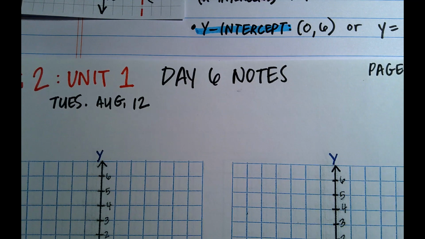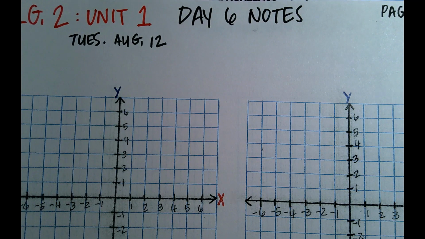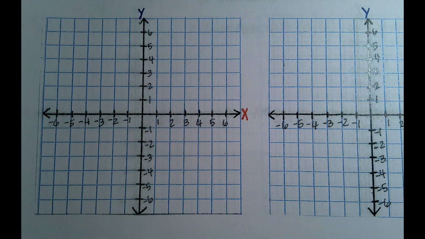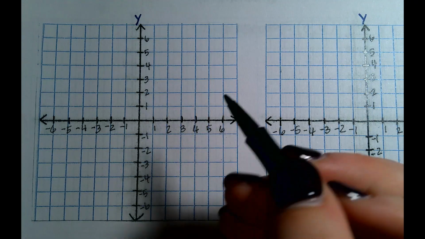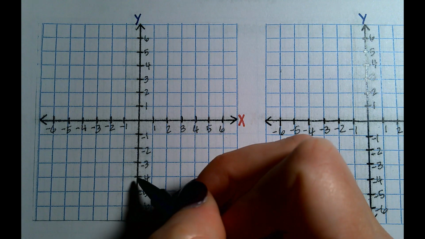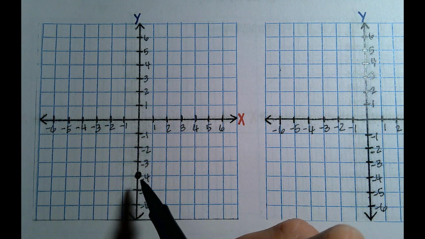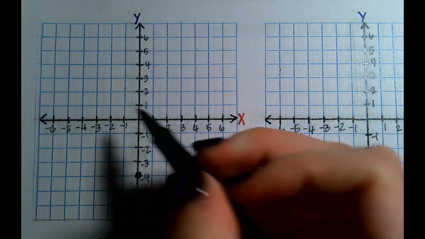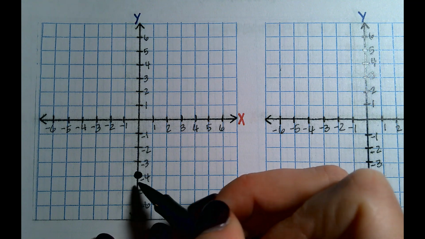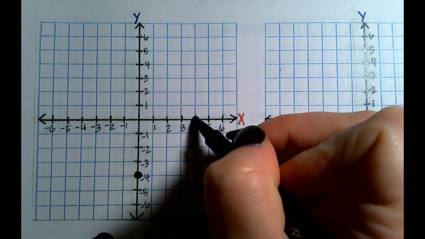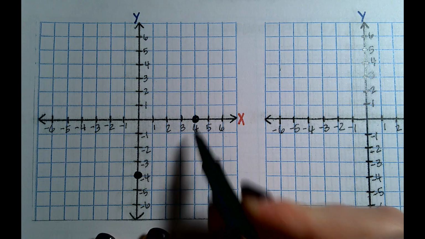Okay, so I'm going to give you some more points. We will put a point right here down at -4 on the y-axis. And another one at 4 on the x-axis.